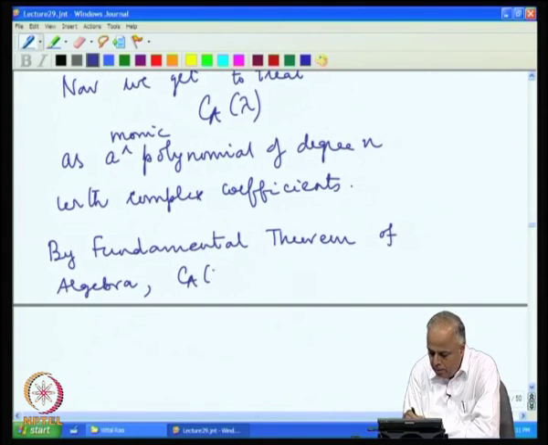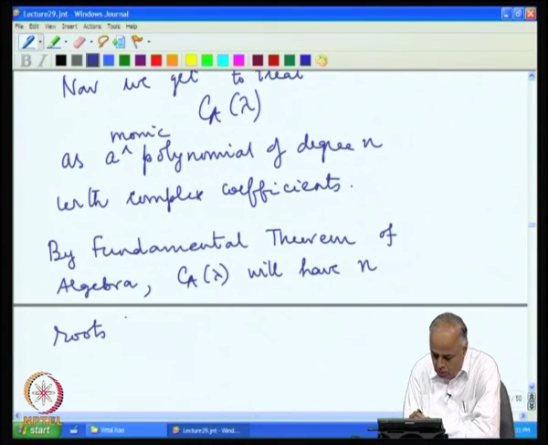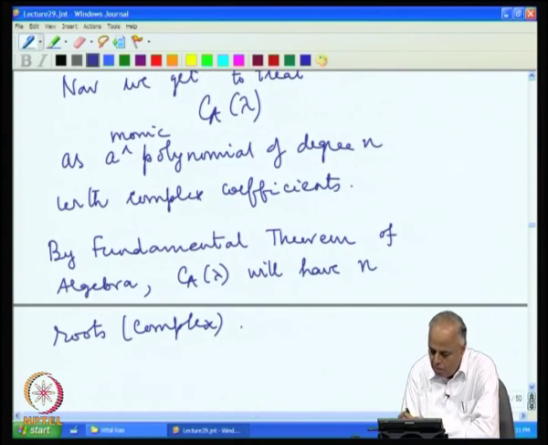So chi_A(lambda) will have n roots, the roots may be complex, some of them may be repeated.